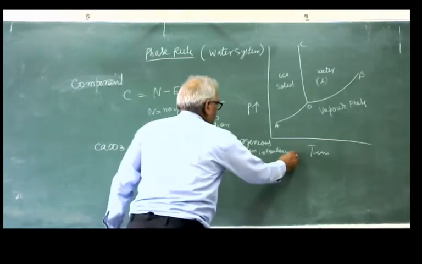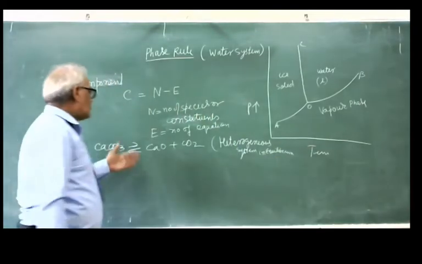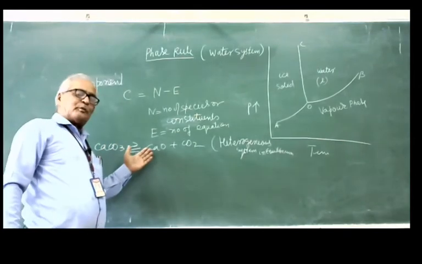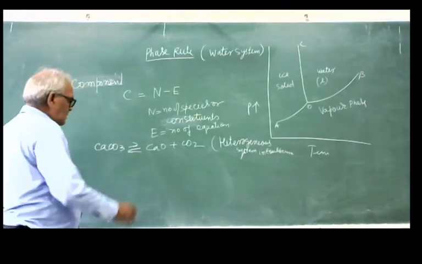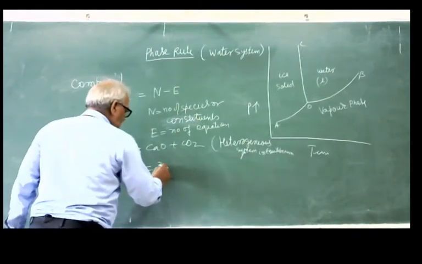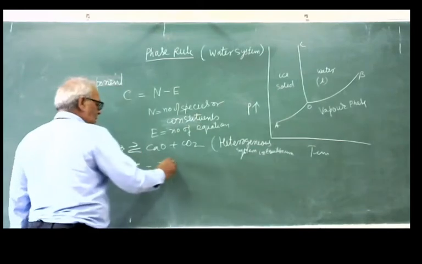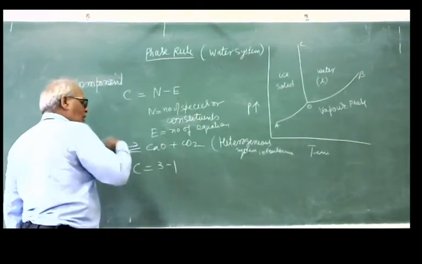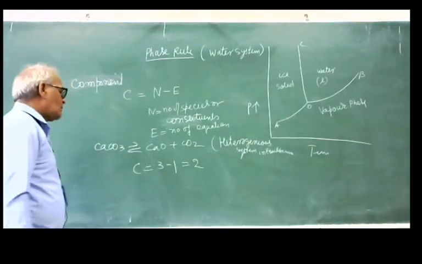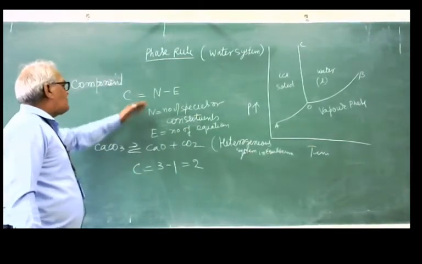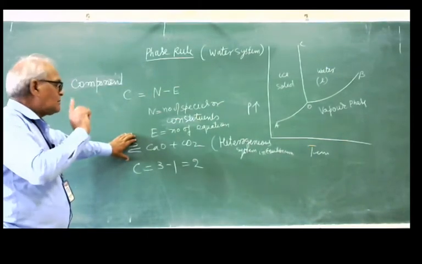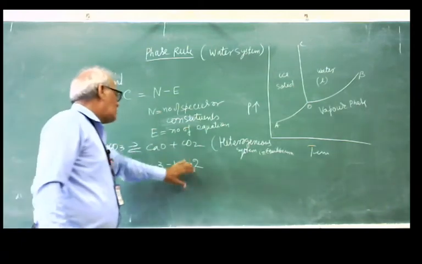If somebody asks you the number of components, C is equal to N minus E, that is 3 minus 1, one relation among all constituents, so you will get 2. So the number of components in this type of heterogeneous system is 2.